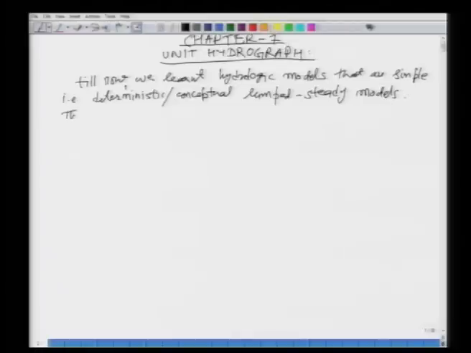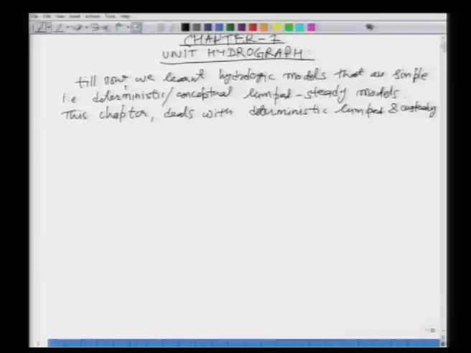Now, this chapter deals with deterministic, lumped, and unsteady models.